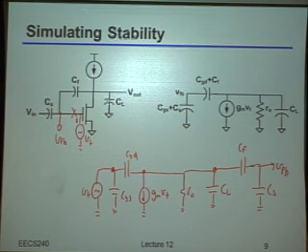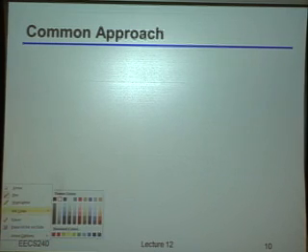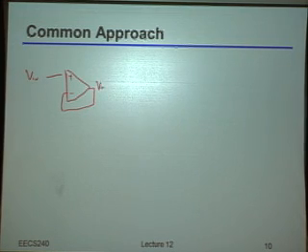So now let me ask you guys, and in fact, the suggestion was already made. But let's see if we can really walk all the way through this. And let me draw a slightly different circuit to see if we can get the general concept, and actually that circuit will just make the general concept a little bit more clear. Let's say that I'm indeed going to try and simulate the stability of this unity gain feedback buffer here. Okay?